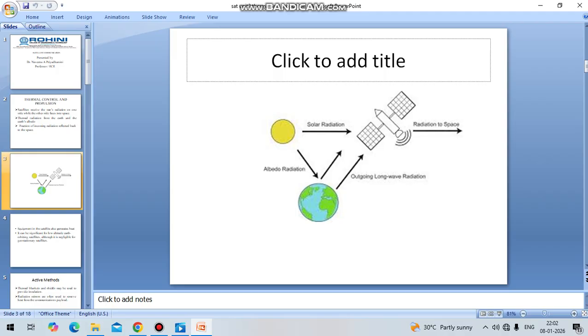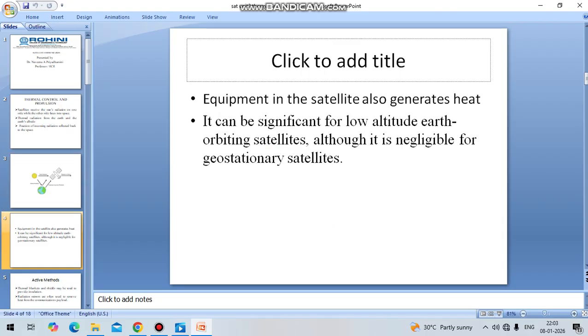Just in this figure, the satellite is revolving around the Earth, so it may receive the light signal or heat signal from the sun, as well as the radiation from the reflected light and heat signal from the Earth, as well as the signals from the Earth's atmosphere. Here the equipment within the satellite will also generate some heat.